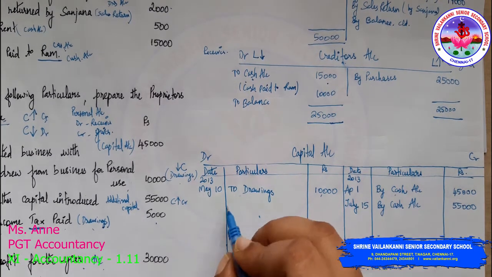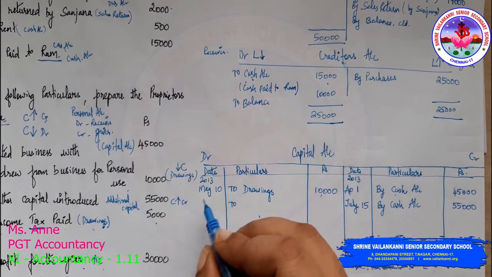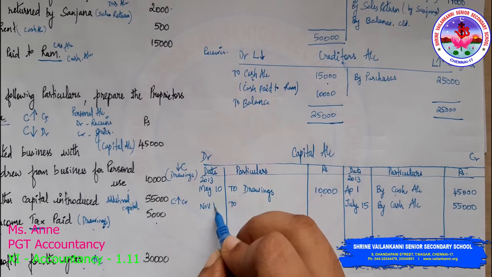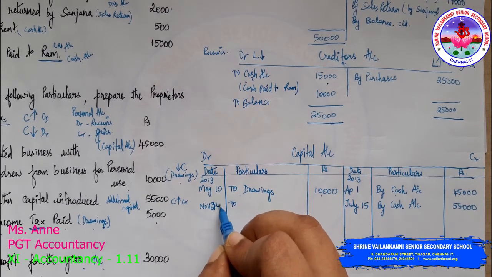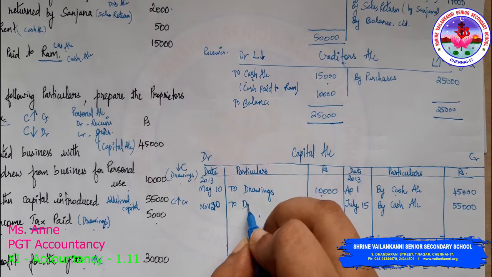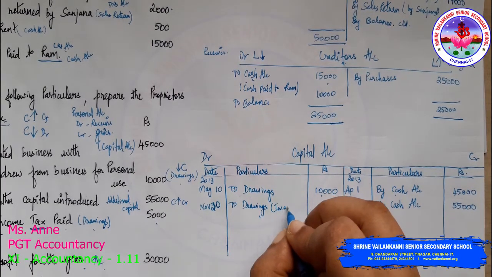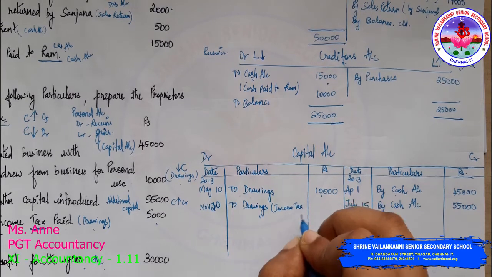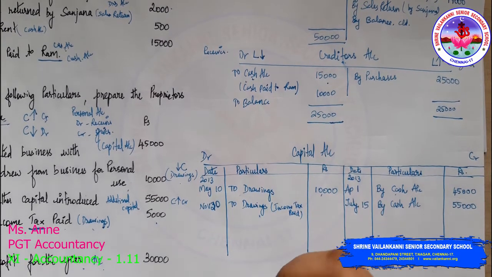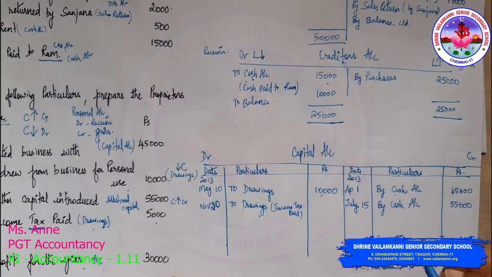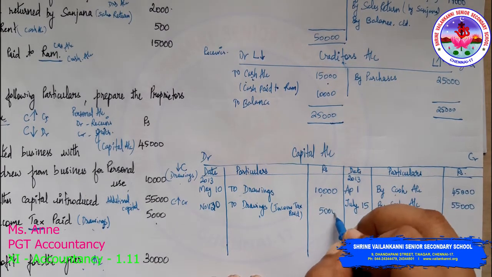So we are writing it here, date is November 30, to drawings. I am mentioning it here, income tax paid. I hope that it's clear. Yes, income tax paid, it's 5,000.